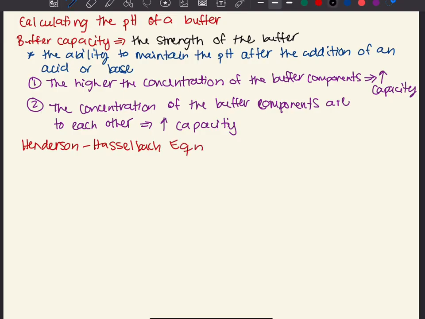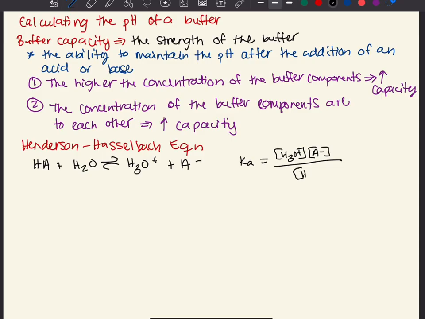So if we look at the chemical equation of a generic acid dissociating in water, then it will dissociate into hydronium ion and its conjugate base. Now I can come up with the equilibrium expression for this process. It's going to be equal to the concentration of hydronium ion times the conjugate base divided by our acid.